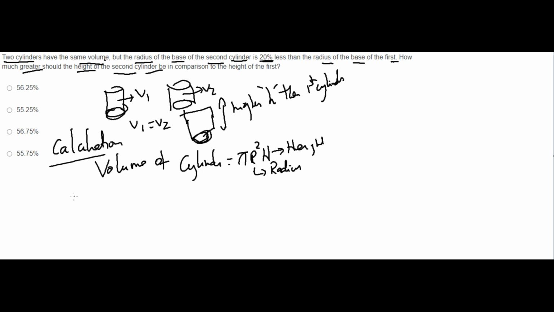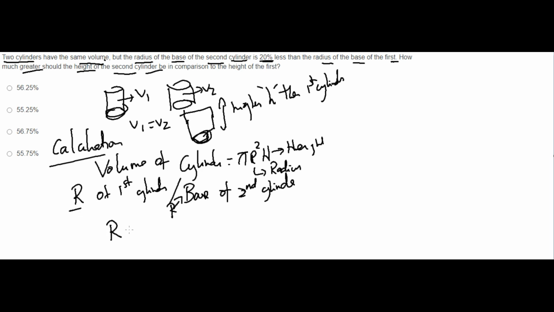Take the radius of the first cylinder as r. This is the actual radius, common for all. The radius of the base of the second cylinder is different, so I have to reduce it from the radius of the first cylinder. The radius of the second will be 20% lesser, so I have used the minus.